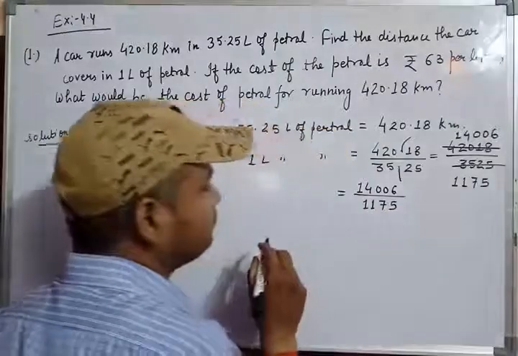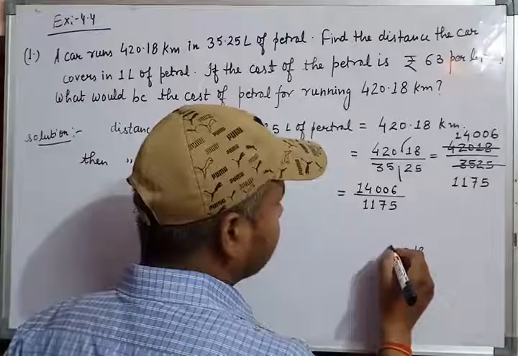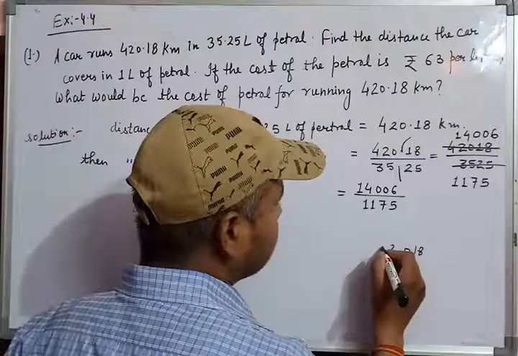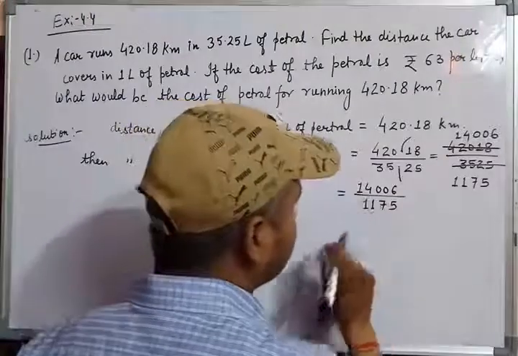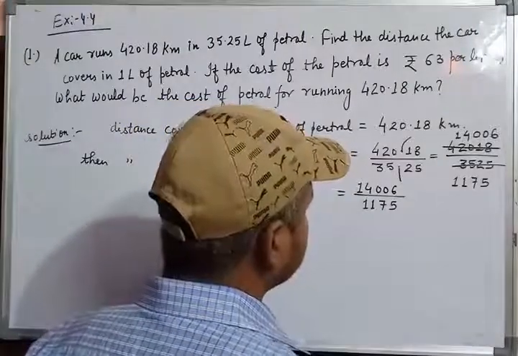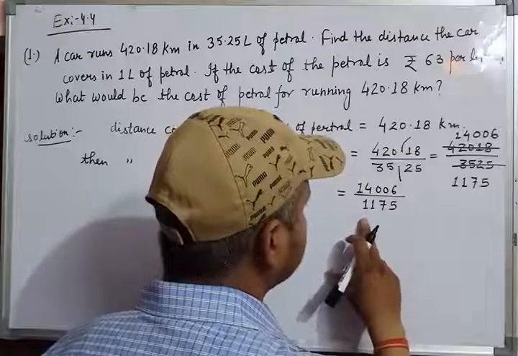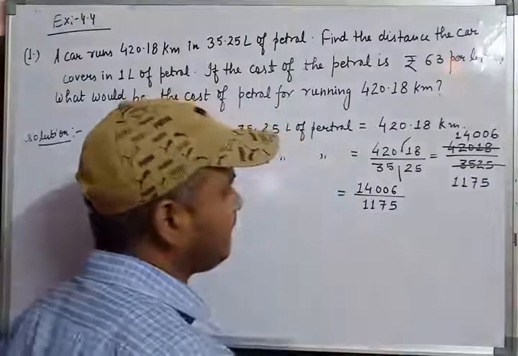Now 3 6s are 18, 3 0s are 0, 3 4s are 12.